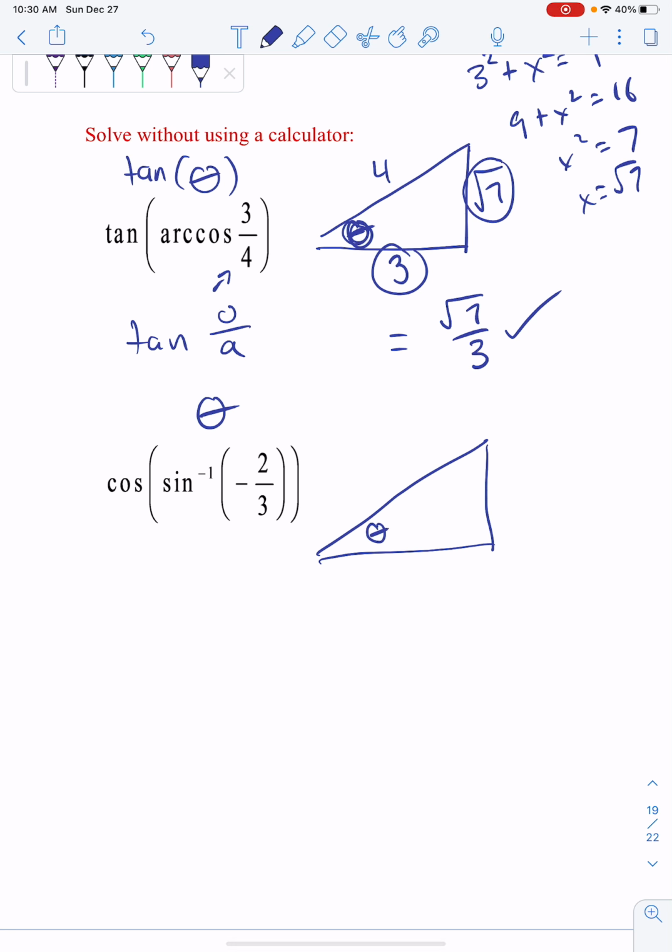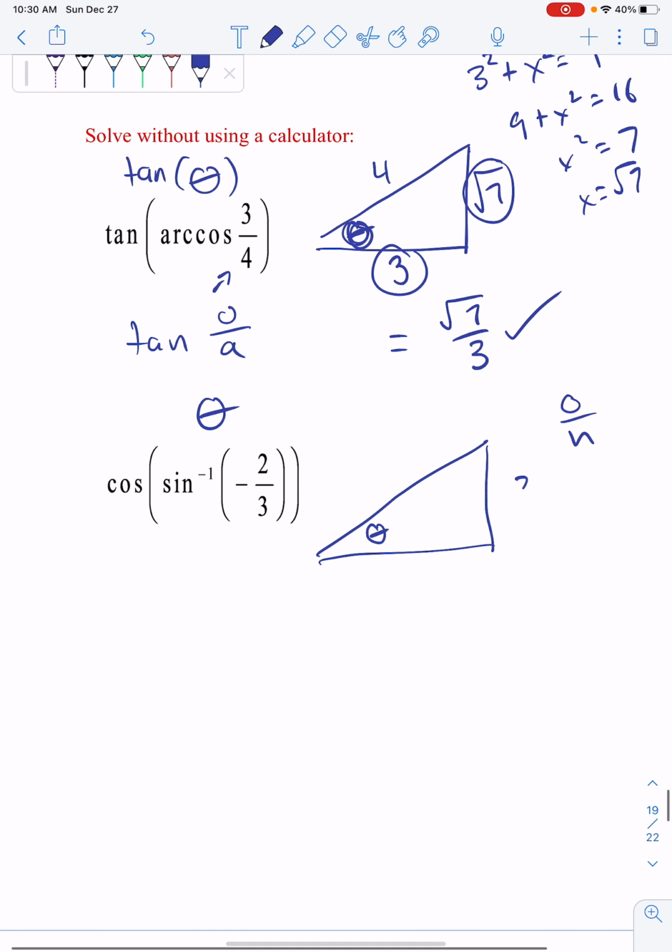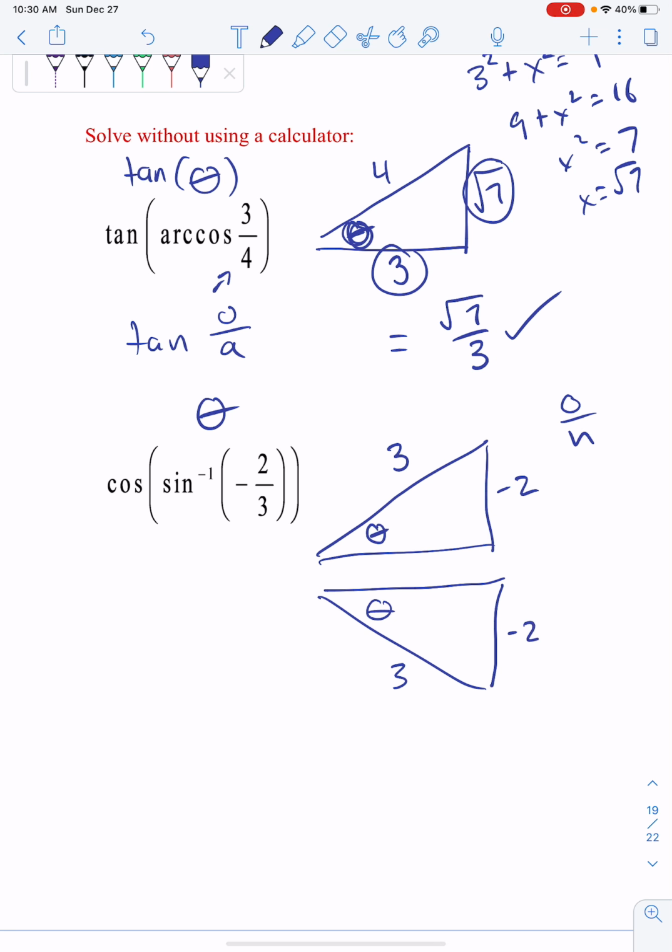But basically I have an angle and my sides, the ratio, remember sine is opposite over hypotenuse. So my opposite, there's a 2. My hypotenuse, there's a 3. Now, if I'm doing this correctly, that 2 is actually a negative 2. So my triangle is actually going down, right? My 3's right here. My 2's going down.